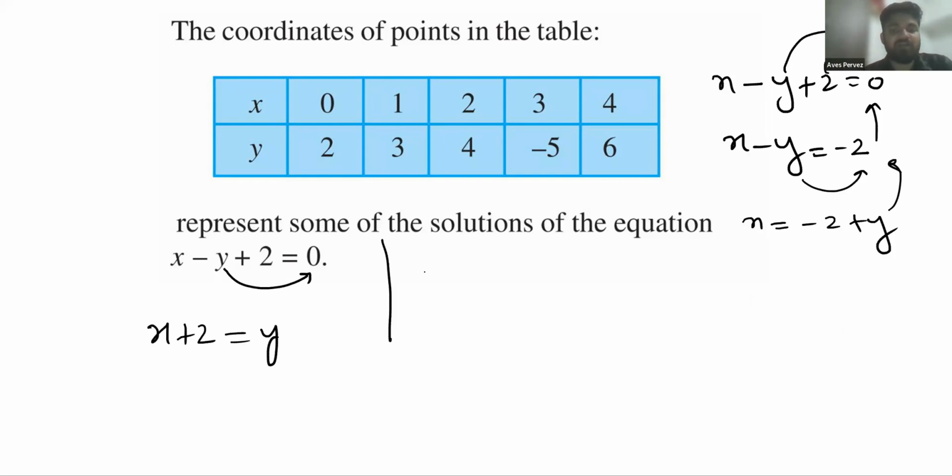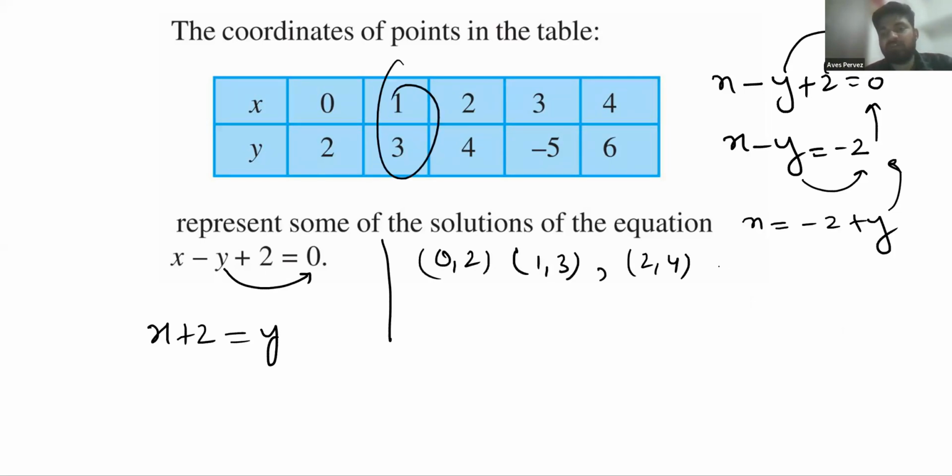Check the coordinates: first 0, 2, the second 1, 3, then 2, 4, then 3, -5, and then 4, 6. This is x, this is y, for each pair.